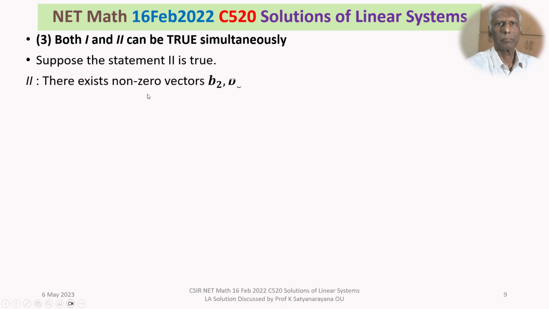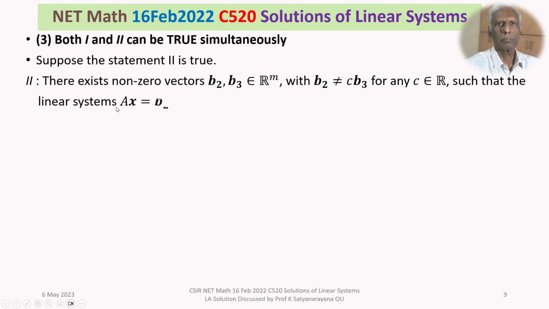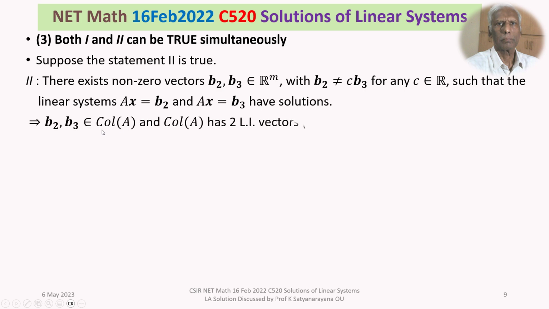That means statement 2 is true means there exist non-zero vectors b2, b3 belongs to R power m, where b2, b3 are linearly independent such that Ax is equal to b2 and Ax is equal to b3 have solutions. This means b2, b3 are the solutions.